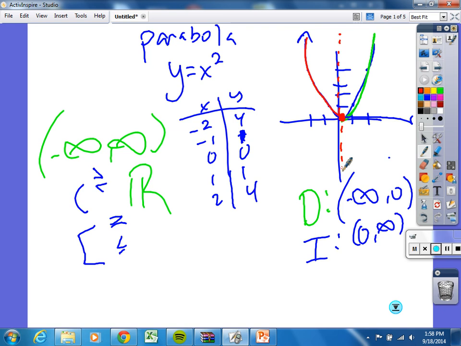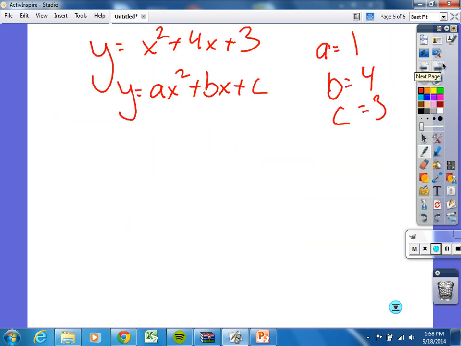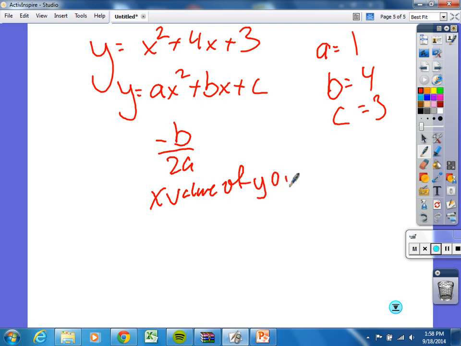Okay, this axis of symmetry is the x value of your vertex. And how we find the x value of your vertex by doing the axis of symmetry is negative b over 2a. This is the x value of your vertex, which is called the axis of symmetry.